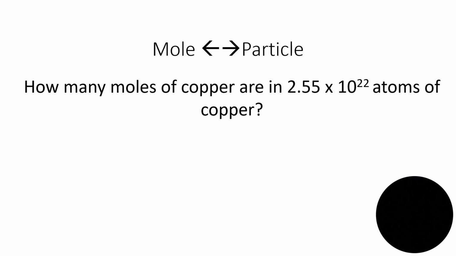We can't count every copper atom or every iron atom, but we can do some conversion. So we can do a mole to particle conversion. In this case, our particles are atoms, and the conversion factor we're going to use here is Avogadro's number.